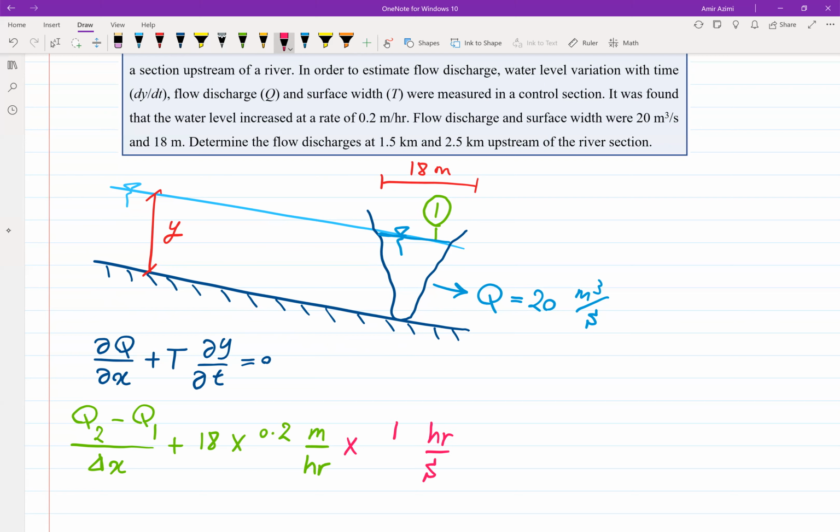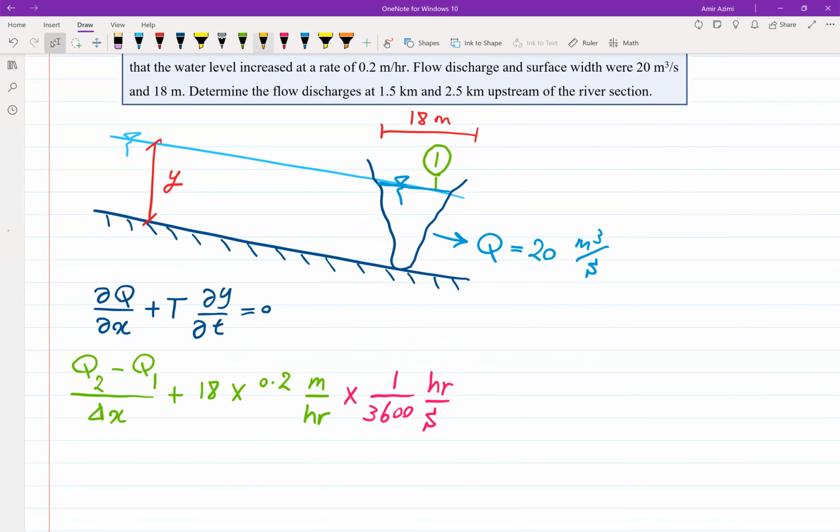So 1 hour is equal to 3,600 seconds. Okay, so this way, hour and hour cancels out. So what I have here is meter and then second, okay? And then it's equal to 0.